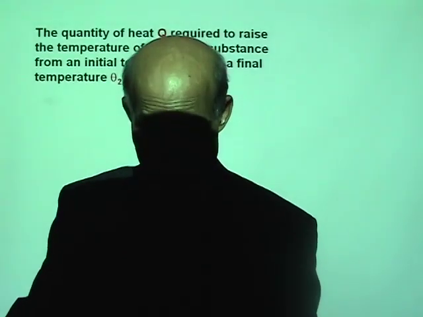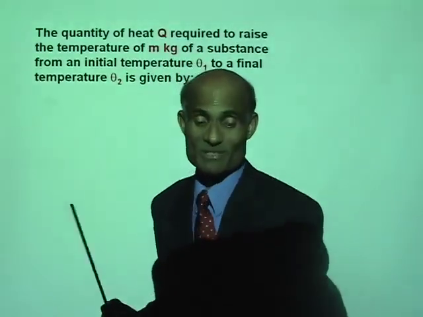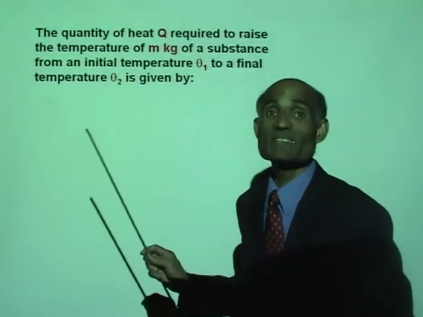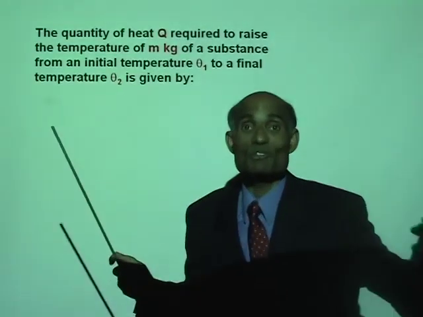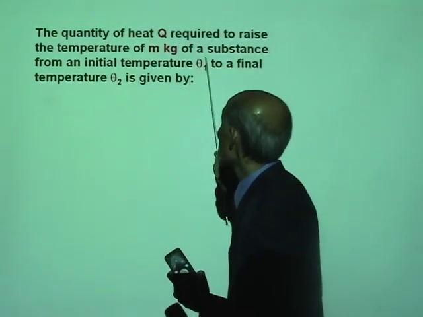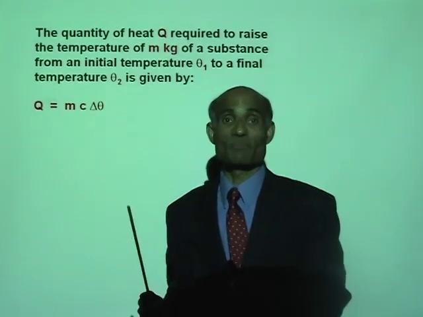So, now tell me, if you know the specific heat of a substance, how do you calculate the amount of heat that is needed to raise the temperature of m kilogram of a substance from an initial temperature theta 1 to a final temperature theta 2?